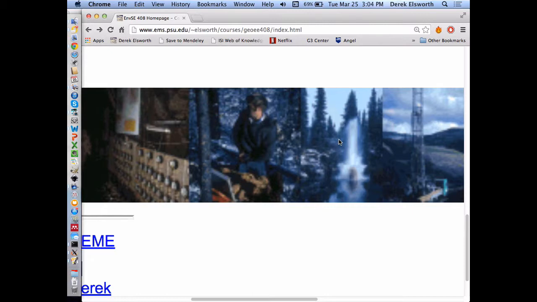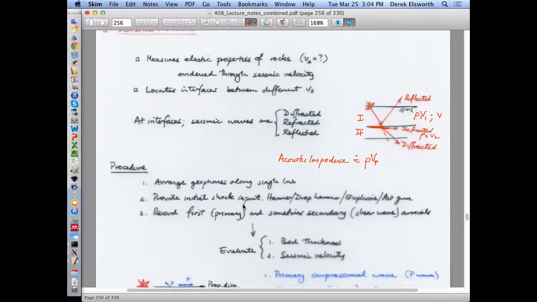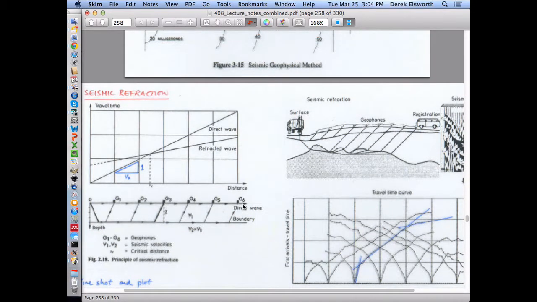So you lay those out along a section of a path, and on that path you provide some shot. So the schematic is this. You have a geophone that you put out at a variety of locations along a traverse.